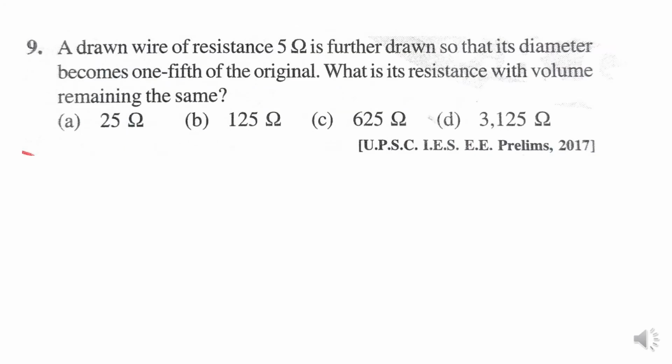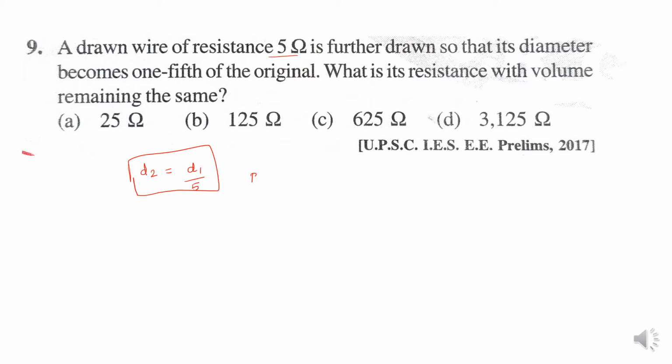Next, a drawn wire of resistance 5 ohm is further drawn so that its diameter becomes 1/5 of its original. What is its resistance with volume remaining the same? Here the new diameter is 1/5 of the original, D1 by 5, that is given.